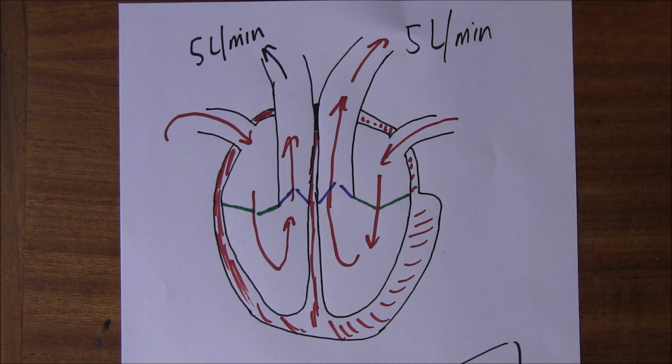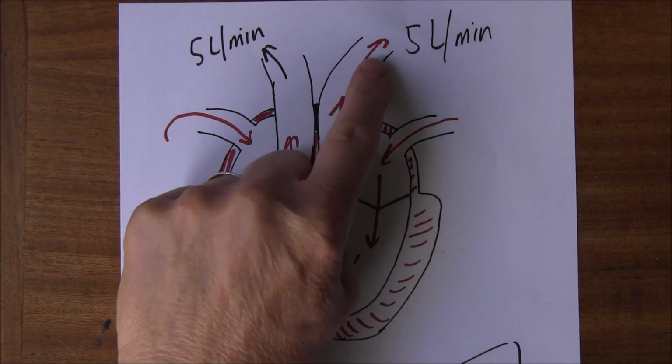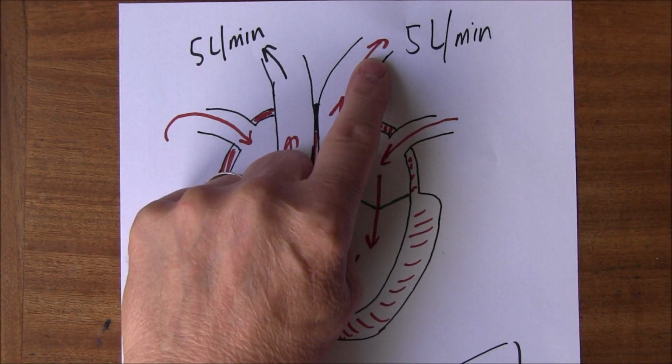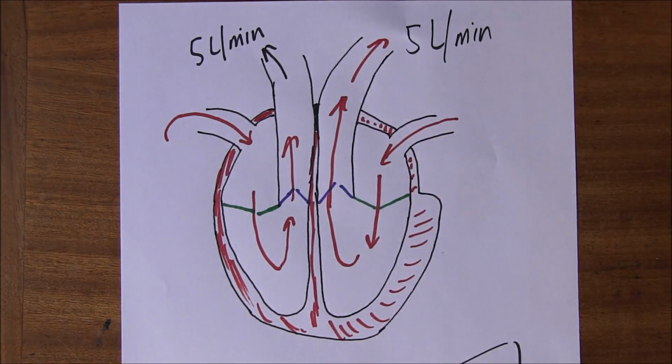So in other words, you can increase your cardiac output by a factor of 4 or 5. So if you increase it by a factor of 4, that will go up to 20 litres per minute. If you increase it by a factor of 5, that will go up to 25 litres per minute. And if you're a super athlete, that might be times 7 or times 8 your resting cardiac output.